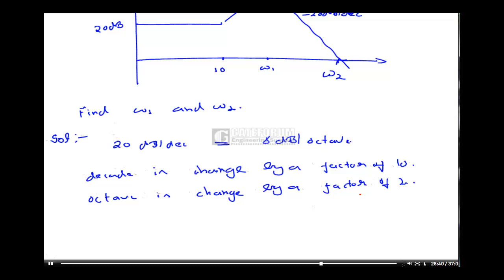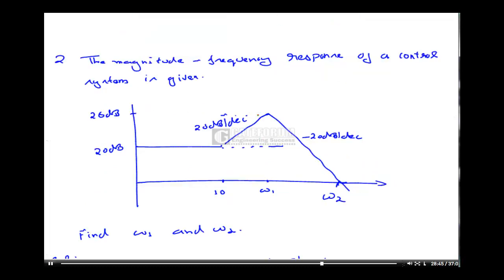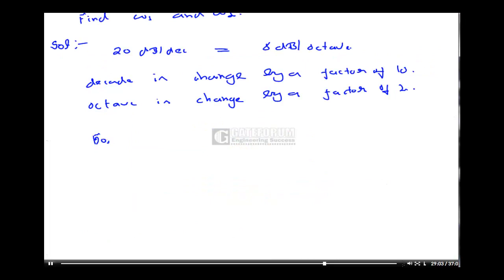Now looking at the graph, from here to here there is a change of 6 dB. Once there is a change of 6 dB, the slope of this line, which is 20 dB per decade, is equivalent to 6 dB per octave. From 20 dB it changes to 26 dB.